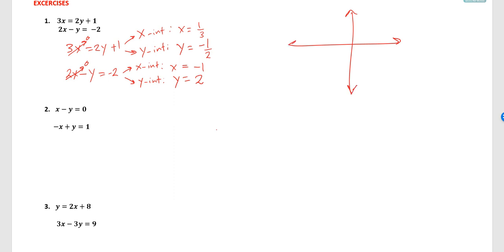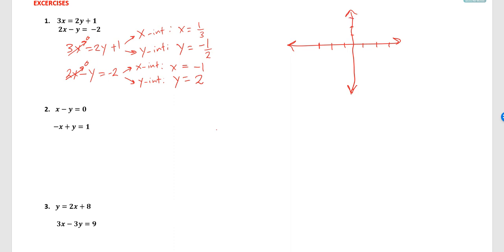So we have 1, 2, 1, 2. Again, this is a rough sketch. Obviously, it would be much more accurate with a ruler or on graph paper, but this is an attempt to make it seem accurate on a hand sketch.